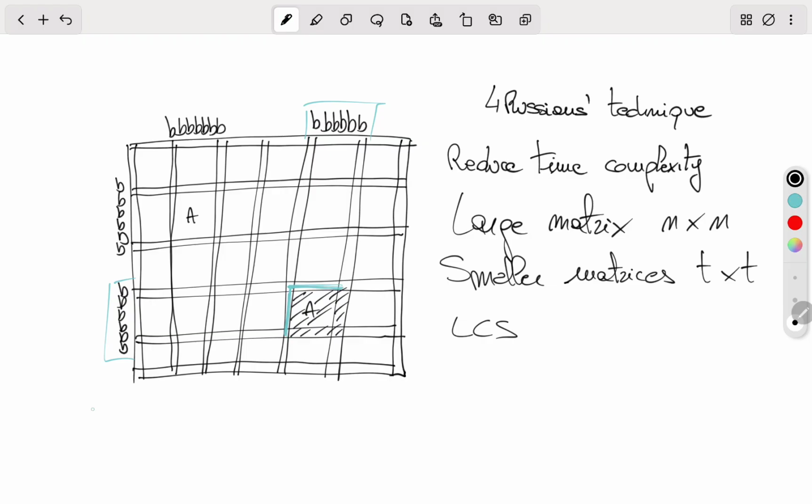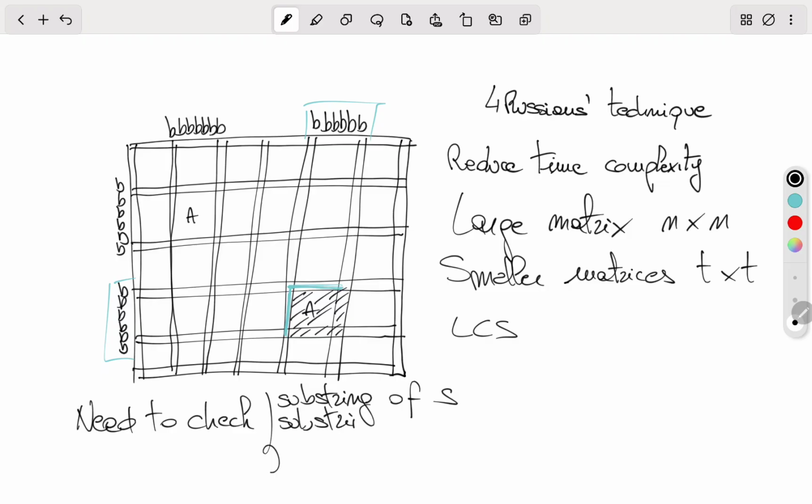This means that I need to check the substring of S, the substring of T, upper border and left border.